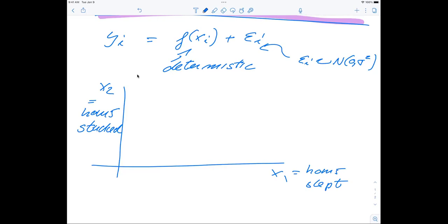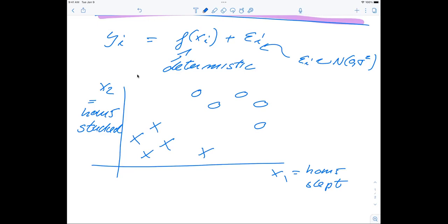So suppose now that we monitor a group of students during a semester, and then we actually ask them how many hours did you sleep a day and how many hours did you spend on this specific course. And suppose now that the circles represent a grade which is above the average, and the crosses represent a grade which is below the average.